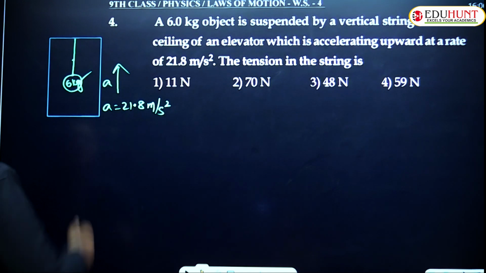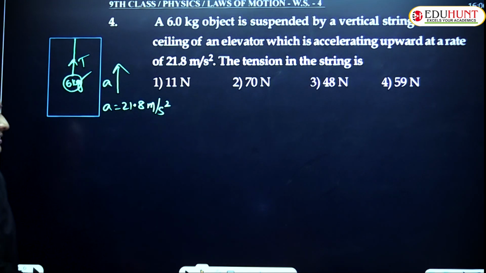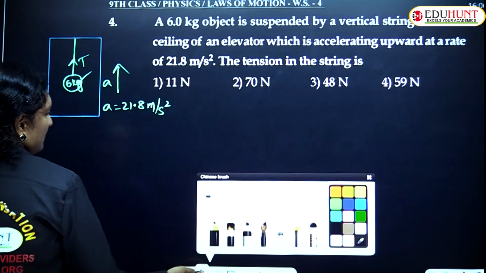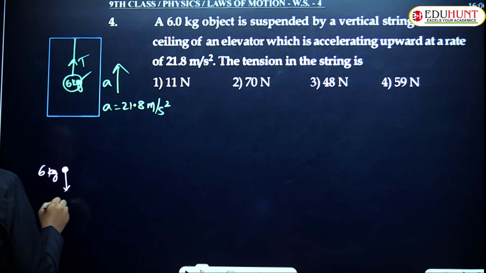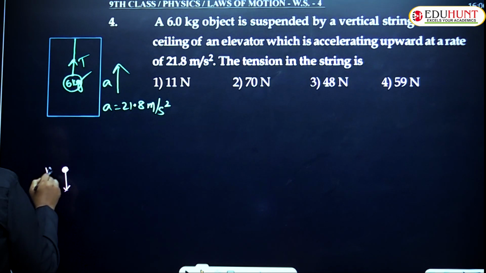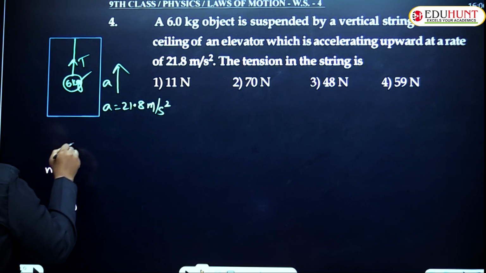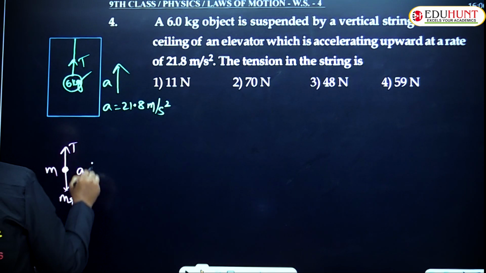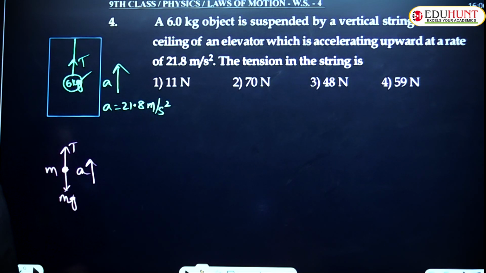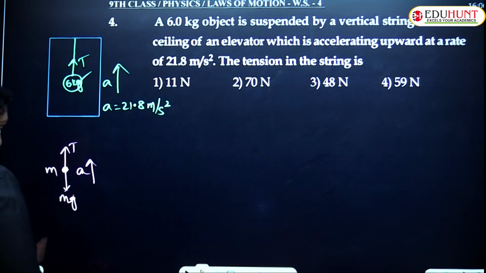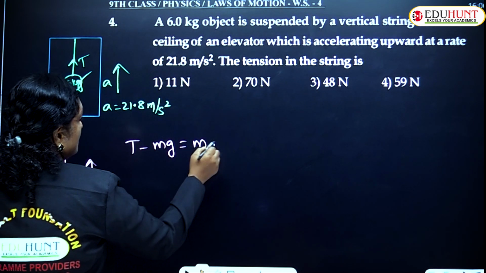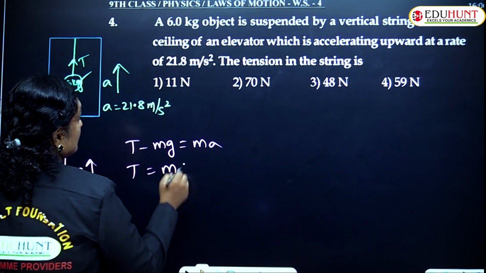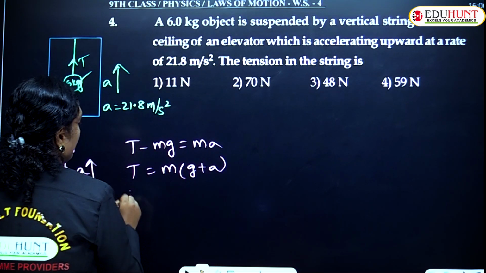The tension in the string, there must be some tension acting in the string. Clearly, if you picturize this 6 kg mass, its weight is acting downwards, the tension is acting upwards, and the acceleration is acting upwards. Based on the free body diagram, the equation as it is moving upwards is T minus mg equals ma, or T equals m into g plus a.